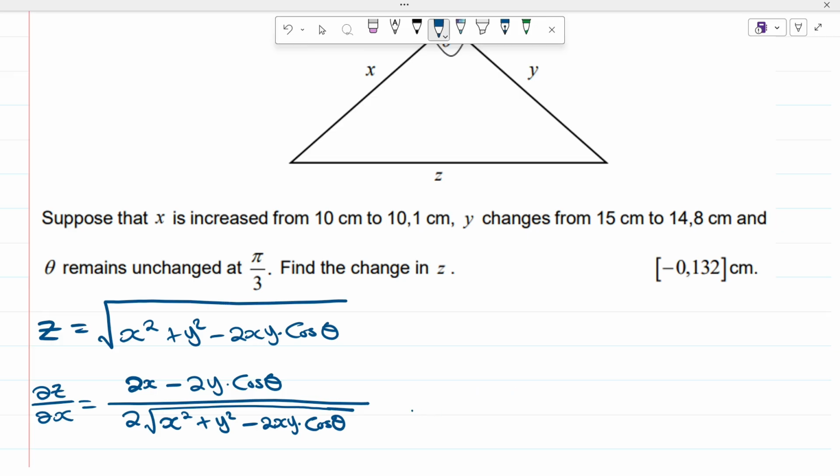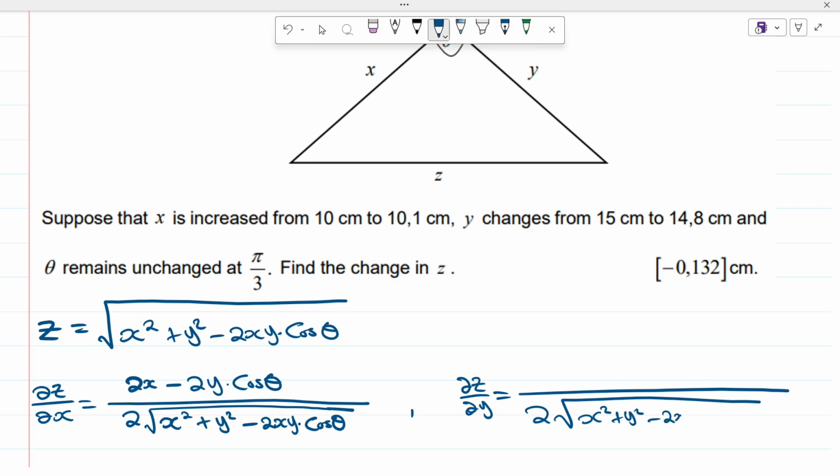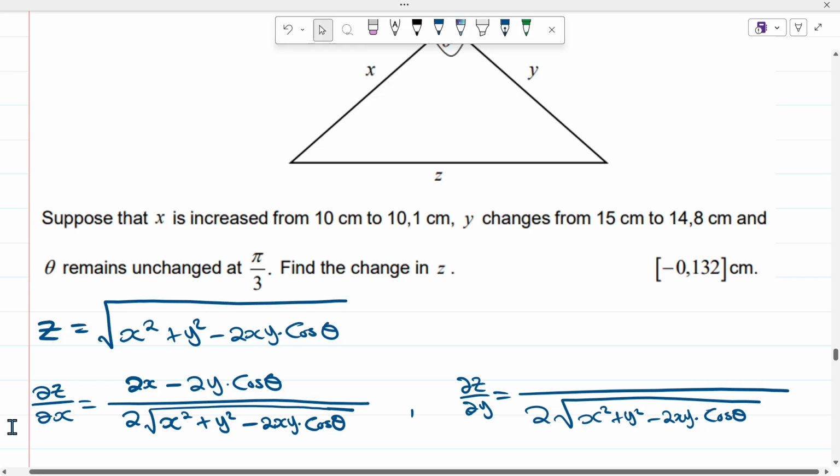And therefore you differentiate partially again, with respect to y now in this case. So now when we differentiate partially again with respect to y, we have to get almost similar things. So it's going to be the same thing, 2 root of what we're given, x squared plus y squared minus 2xy cos of theta. So then on our numerator here, you're just going to differentiate what's inside the root there. So that's going to be what?